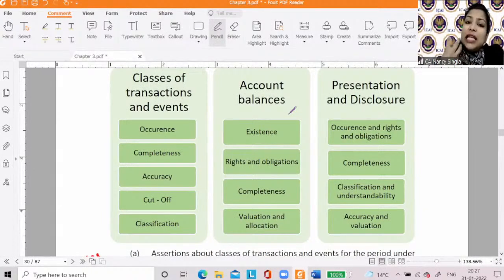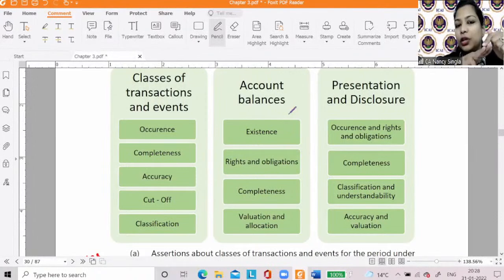So there are various implied assertions, that is, a user will assume whenever he looks at building 1 crore, these assumptions are going to come to his mind. What? That this building exists. And this is what we are also going to check. That the company is having the right over that building. This is what we are going to check. That all the buildings have been shown.